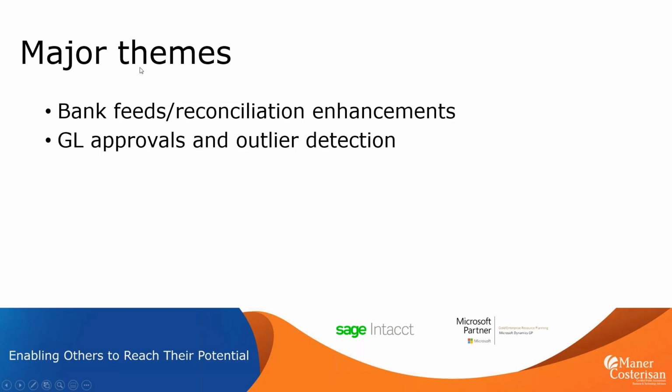Another major theme, and really of the last couple of releases, is more enhancements surrounding general ledger journal entry approvals, as well as outlier detection. I want to focus on outlier detection a little bit, because when it comes to detecting journal entries that fall outside of the normal behavior of a particular account or department or other dimension, Intacct uses what I like to call a buzzword, but it's really not a buzzword anymore.